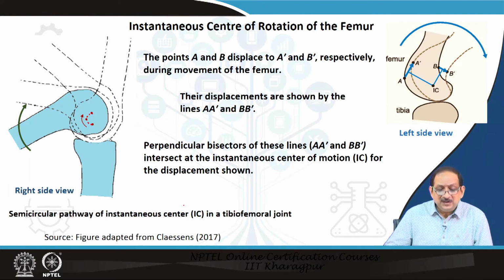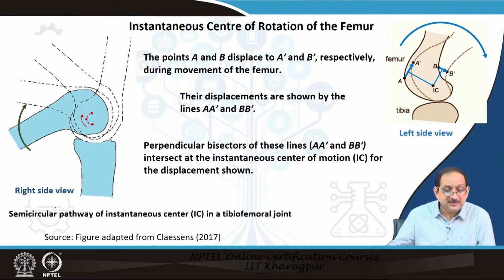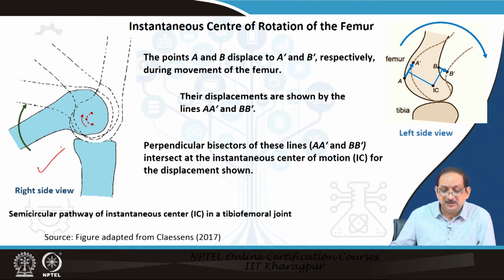The instantaneous center of rotation of the femur is of prime importance, because the location of this instantaneous center is very important for rigid body kinematics. The pathway of the instantaneous center of the femur throughout the range of knee flexion and extension is shown in this figure, the right side view, mediolateral view.